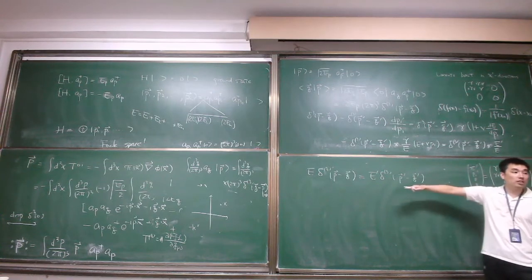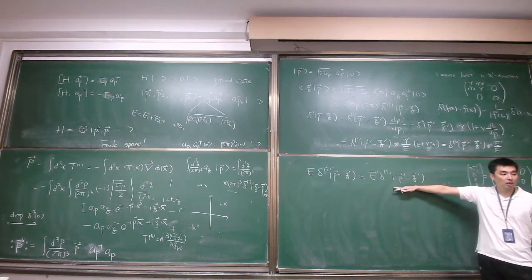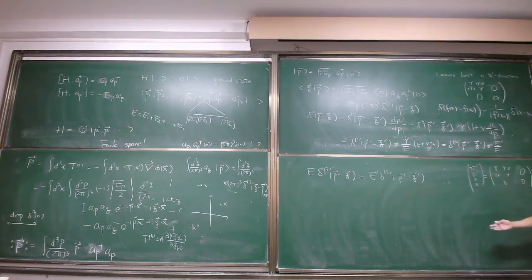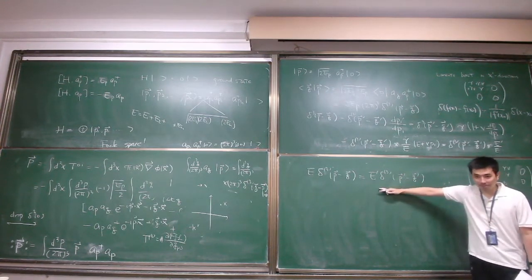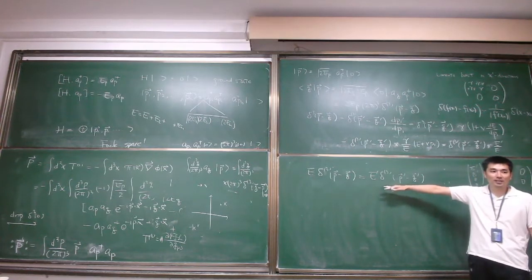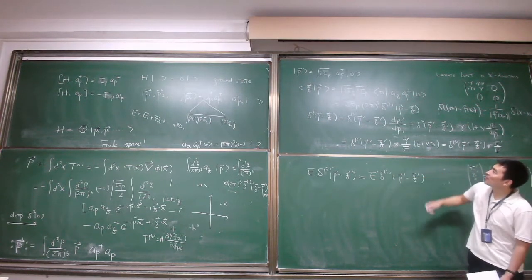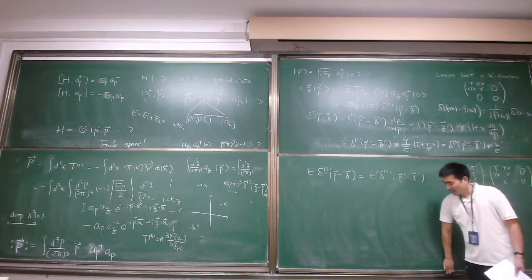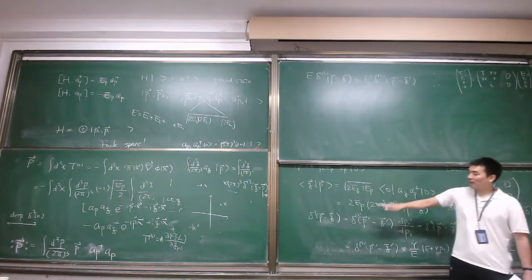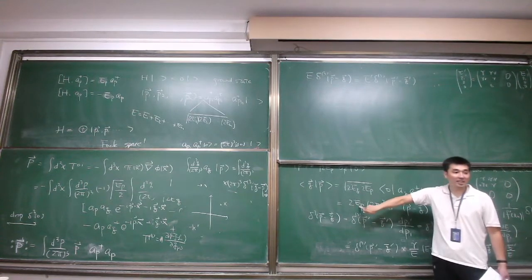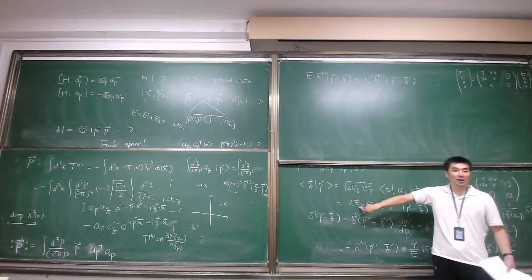This is the Lorentz invariant quantity. Do you understand? After Lorentz transformation, E times the delta function will give you a Lorentz invariant quantity. Therefore, we need this E to make it Lorentz invariant.